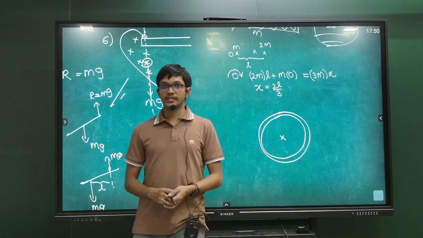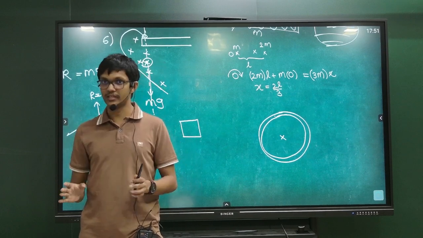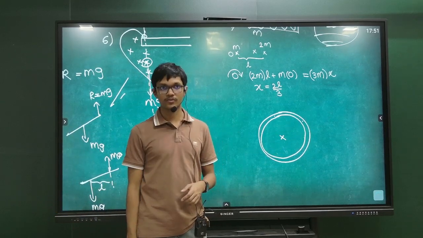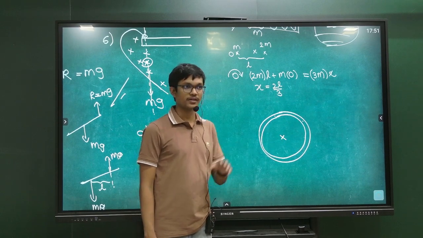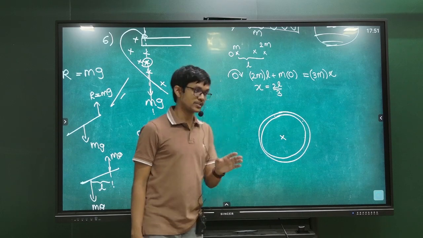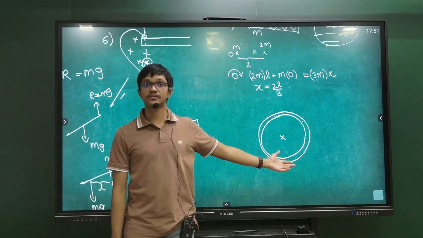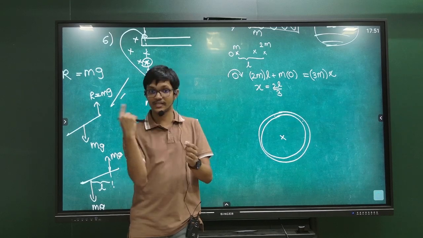So it's not necessary to have the center of gravity on the object. It can be anywhere. That's why I marked it here. And then how can you balance this ring? It's difficult to balance this ring if it is like this.